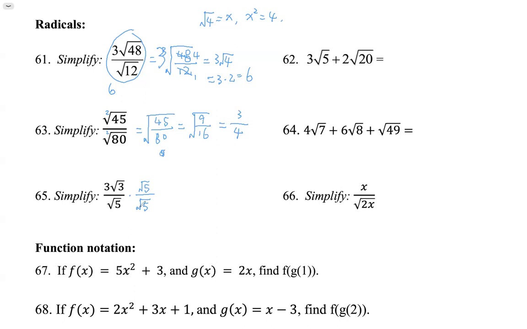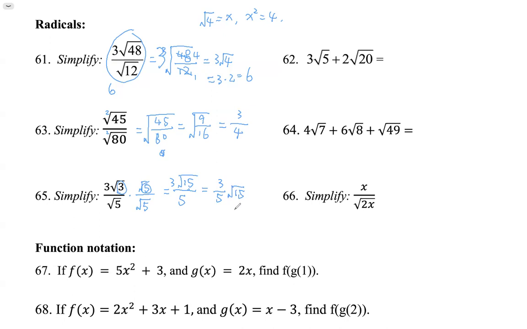In this case, we need a square root of 5 in the denominator. So the square root of 5 times the square root of 5 is 5. In the numerator, radical 3 times radical 5 is radical 15. Sometimes we write this as the square root of 15 over 5, because the square root of 15 is an irrational number.